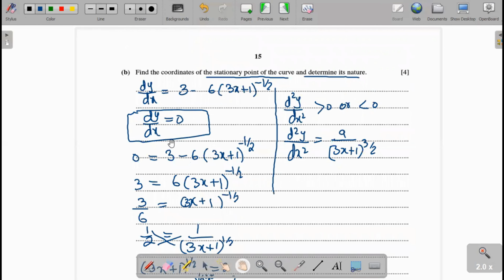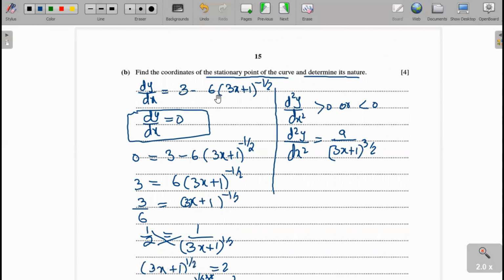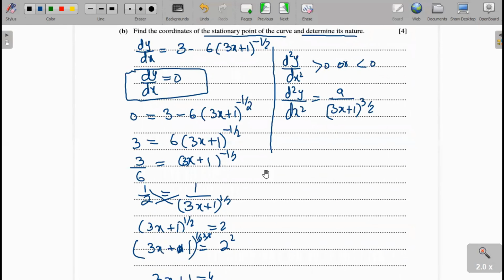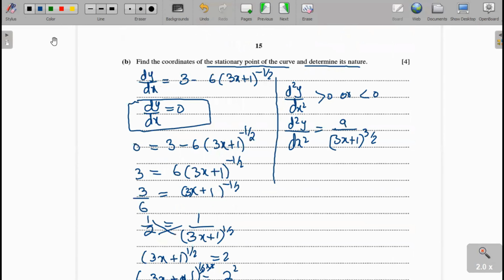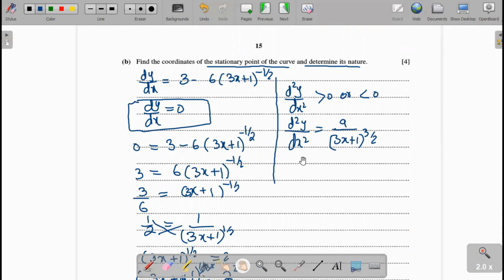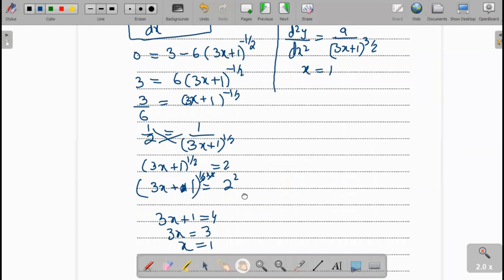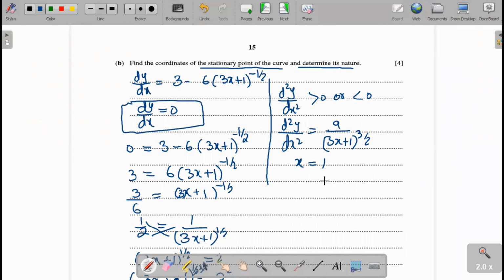For the nature of this curve, the curve is at either a maximum or minimum position at x equal to 1. Now we put the value x equal to 1 here. d square y over dx square is equal to 9 over (3 into 1 plus 1) power 3 over 2, that is greater than 0.